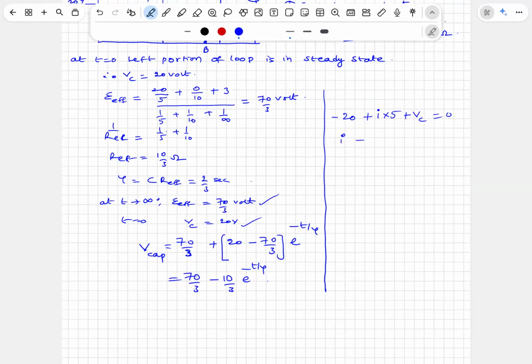I is equal to VC minus 4 by 5, I is equal to 4 minus VC by 5. Now it is 70 by 15 plus 10 by 15 e to the power of minus t by tau.